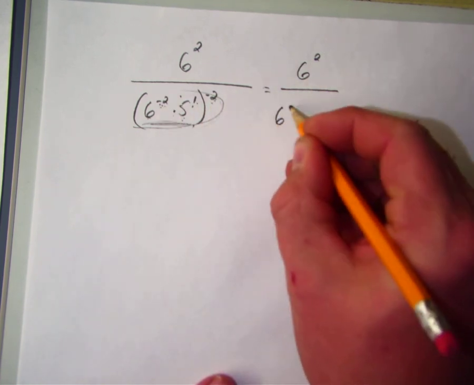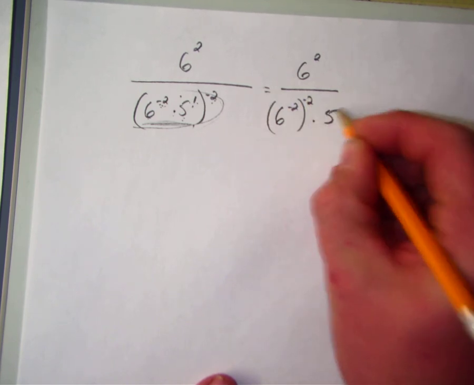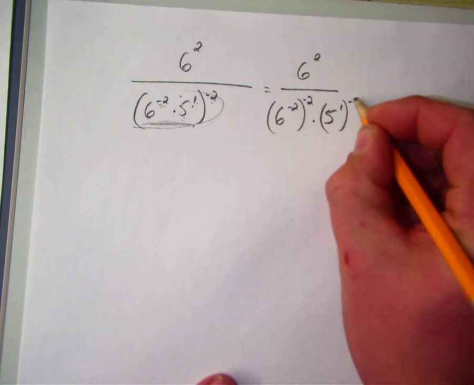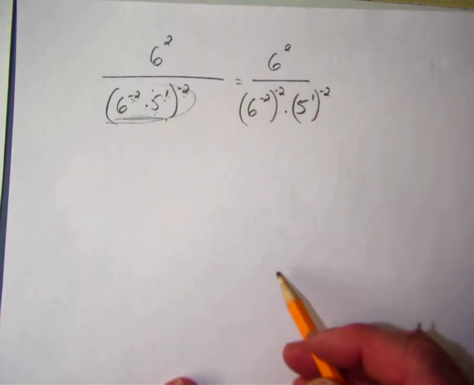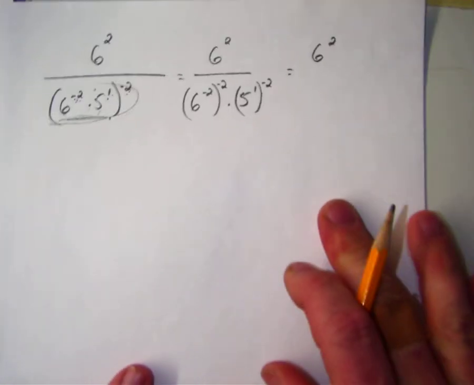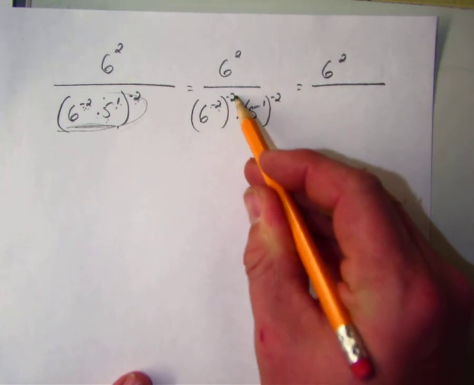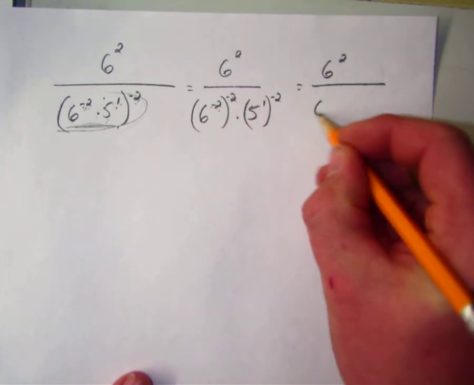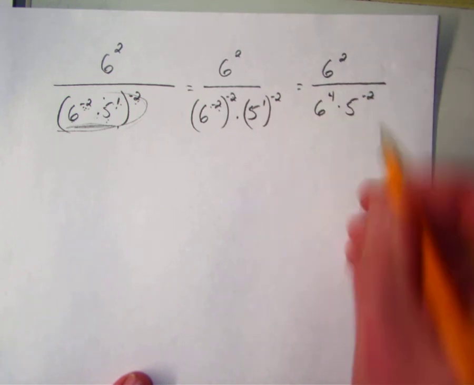So really, I can rewrite it as 6 to the negative 2 to the negative 2 times 5 to the first power to the negative 2. I just distributed the exponent. Now I clean it up a little bit. Negative 2 times negative 2, because I have an exponent with an exponent, so that would be 6 to the 4th power times 5 to the negative 2.